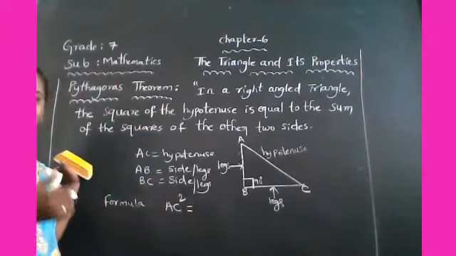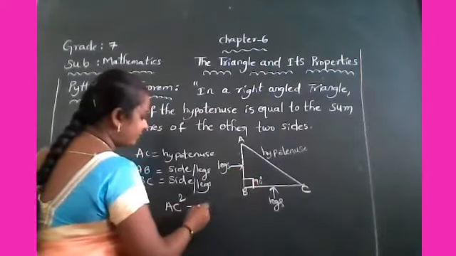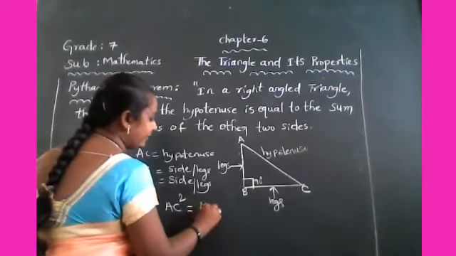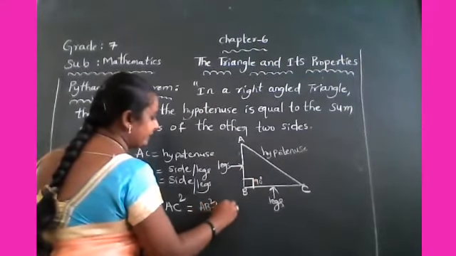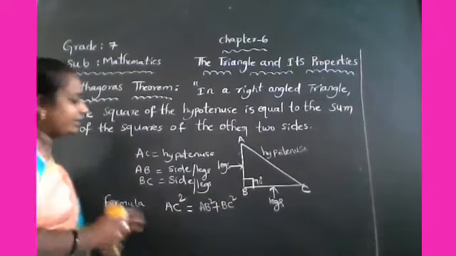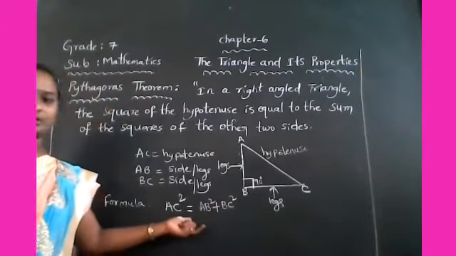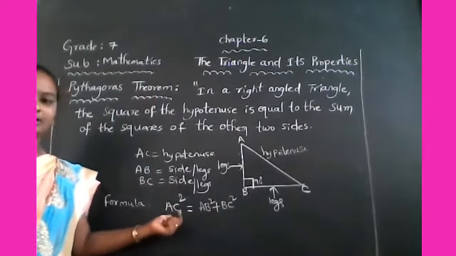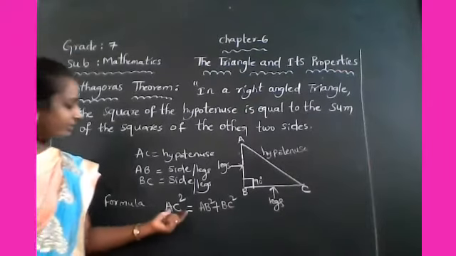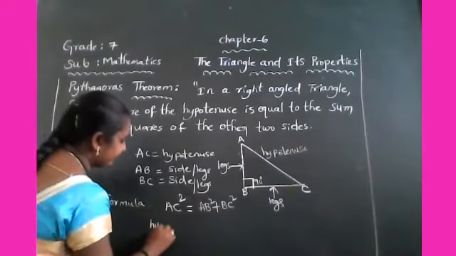We have to do the sum of the squares of the two sides. So that is AB square plus BC square. These two are equal to the square of the hypotenuse. So we can read it as hypotenuse square.